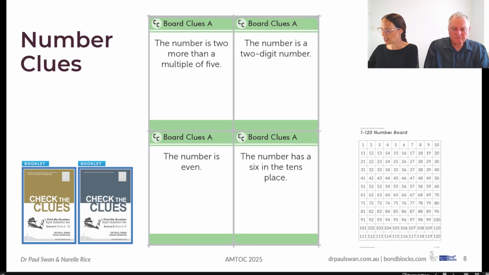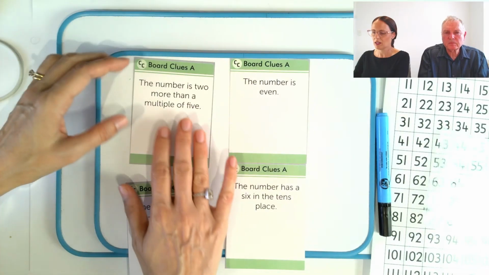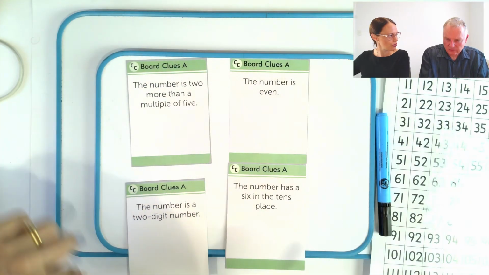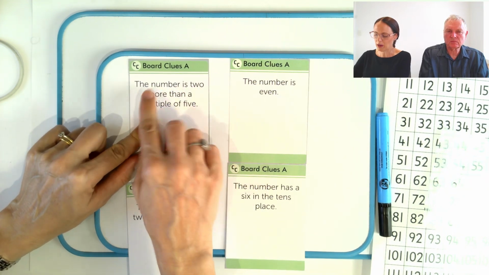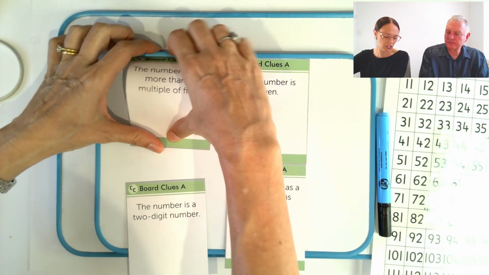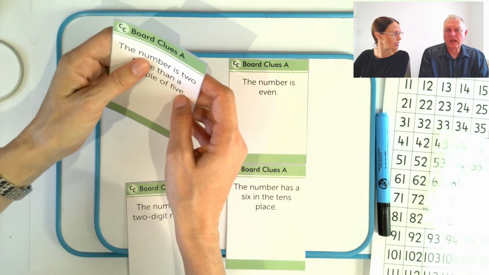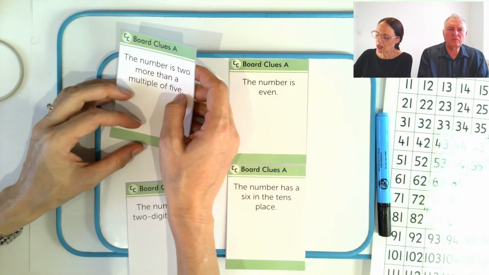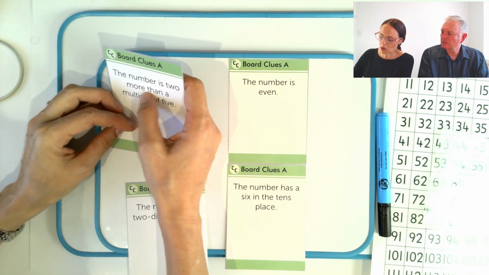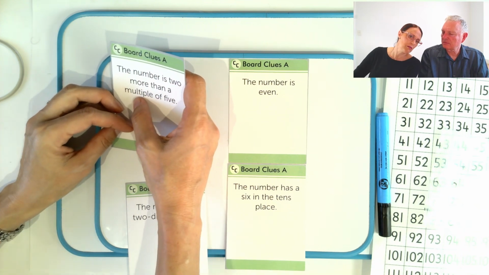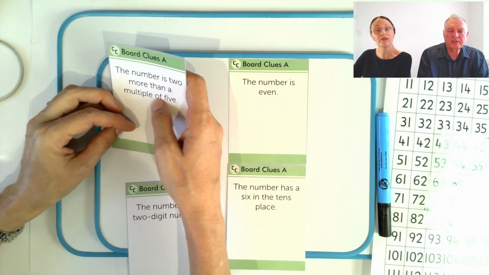If we go down to the visualizer, if this was my little group of children sitting around here, this person would read this out loud, and they would actually be holding the card, so other people can't see it. If they need some help, then that's fine. This card says the number is 2 more than a multiple of 5.